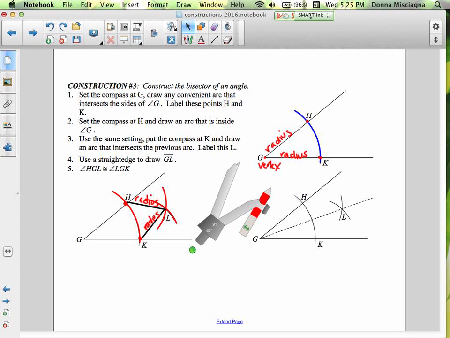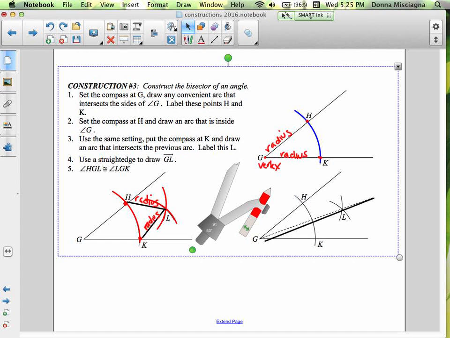So we have made sure that we are the same distance, first of all, from the vertex, and then from the sides of the angle. And that guarantees that when we connect, our last step is just to connect the vertex to the point of intersection. Let me fix my line. You can do it better than me because you can use a ruler.